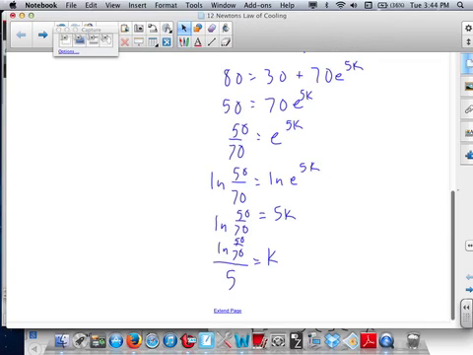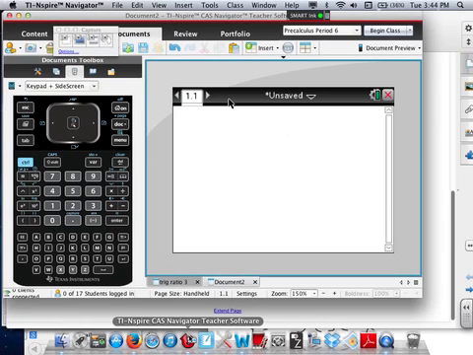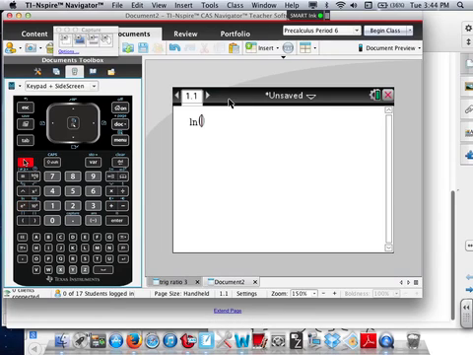Now hopefully this is decreasing in temperature, right? We should get a negative K. Let's go to our calculator and do exactly that. So we'll go the ln of 50 over 70, and we'll take that quantity and divide that by 5. Okay, there's our rate. Ooh, it's negative. So it's losing 6.7% every minute.